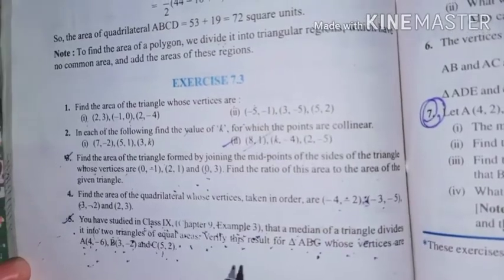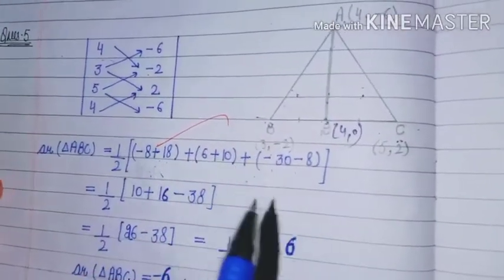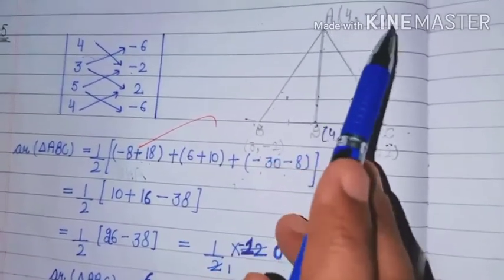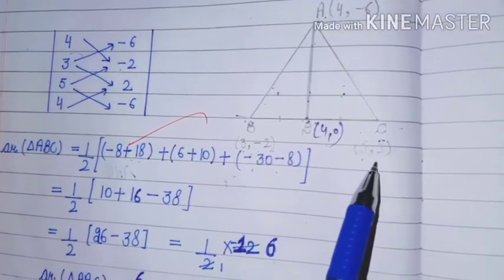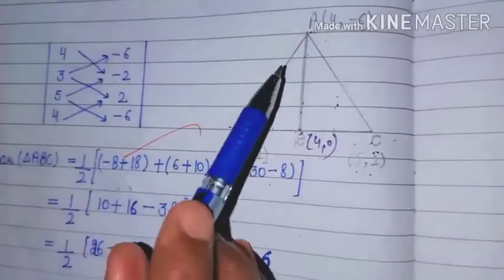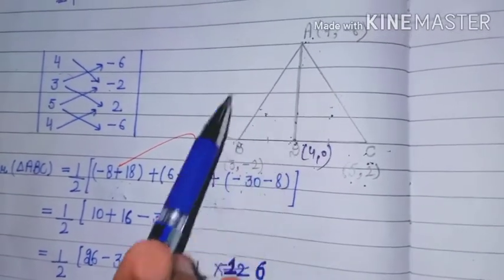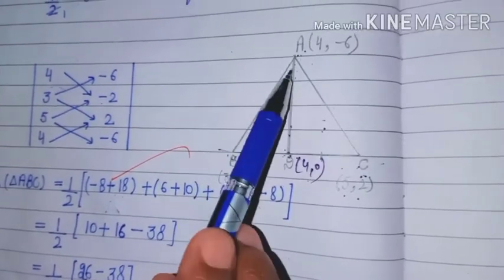Okay beta, now the solution. According to the question, ABC is a triangle that is given and the vertices are A (4, -6), B (3, -2) and C (5, 2). Now when we draw the median AD, this median divides triangle ABC into two triangles of equal areas. Which triangles?